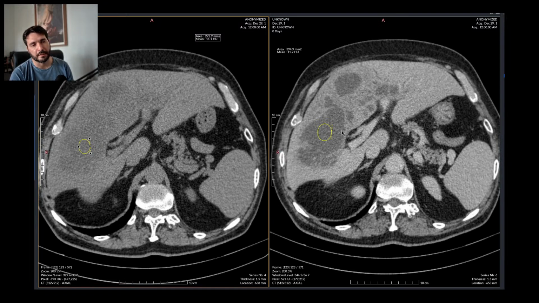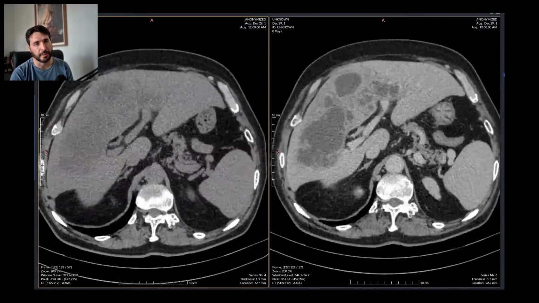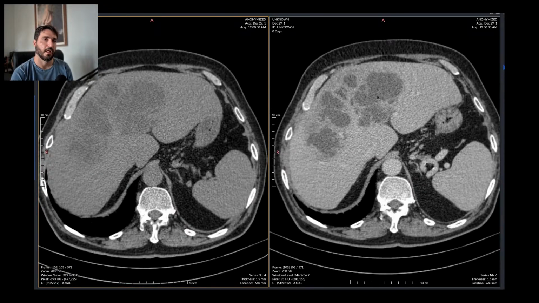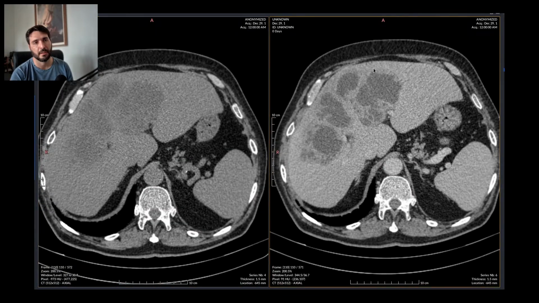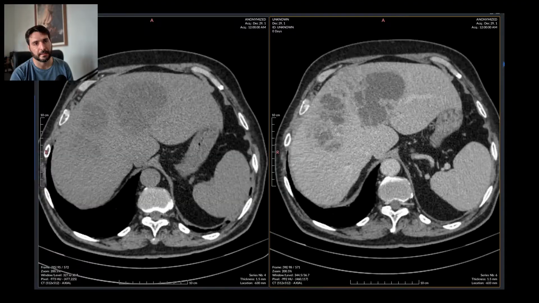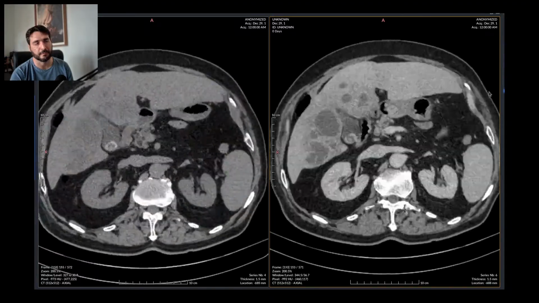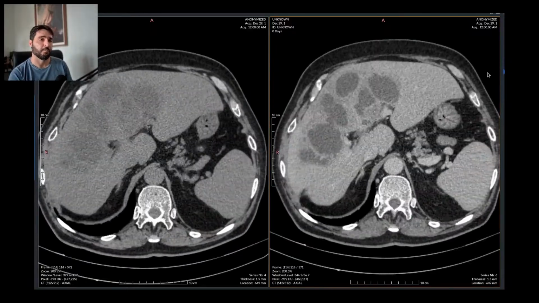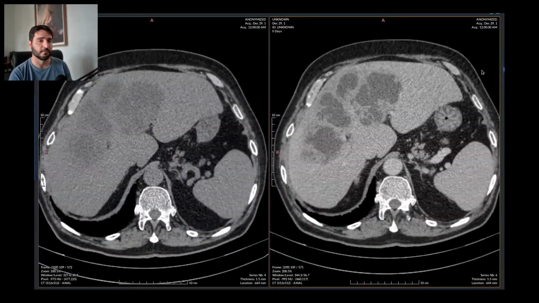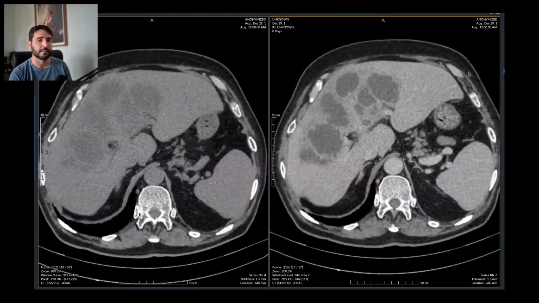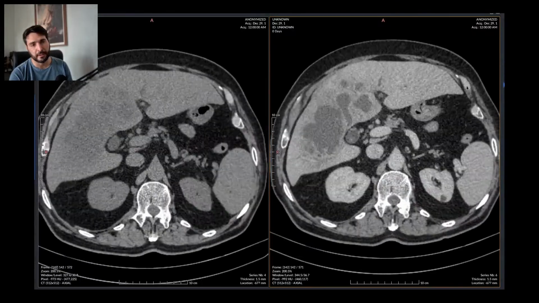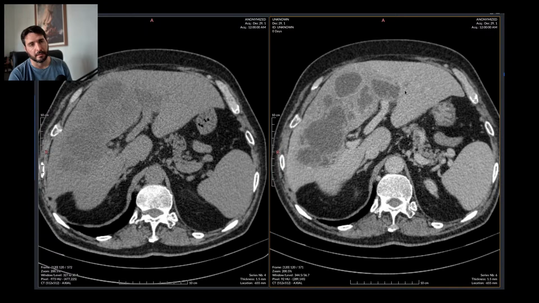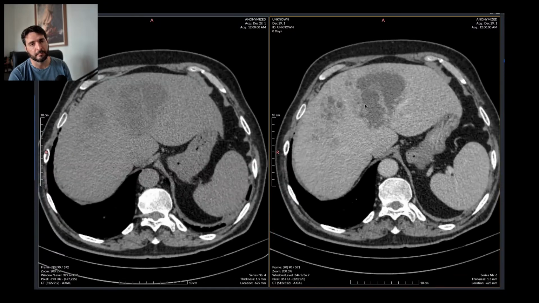So there was no particular enhancement of the interior of the lesions. There are also incomplete septations, irregular margins, and the lesions tend to be confluent. So we have here a bunch of ill-defined, confluent, coalescent lesions, liquid mostly, with thickened borders and incomplete septations.